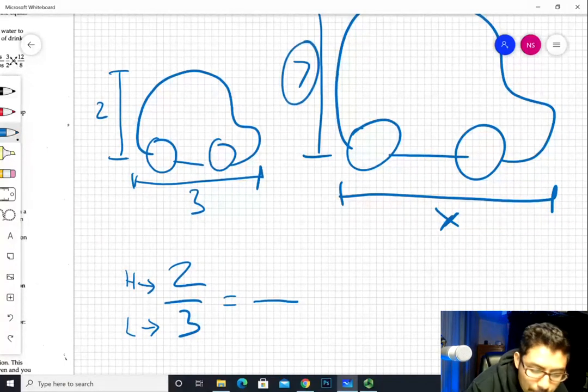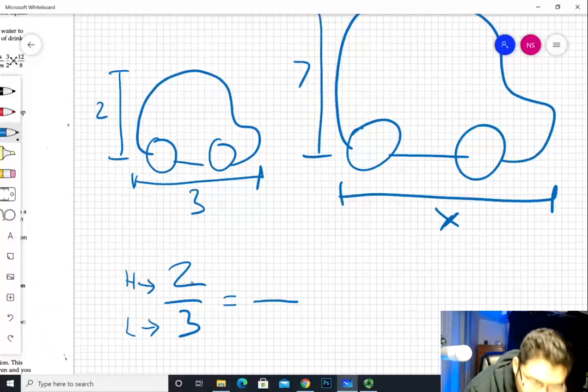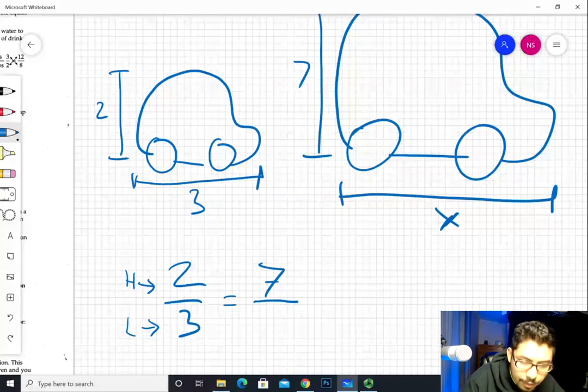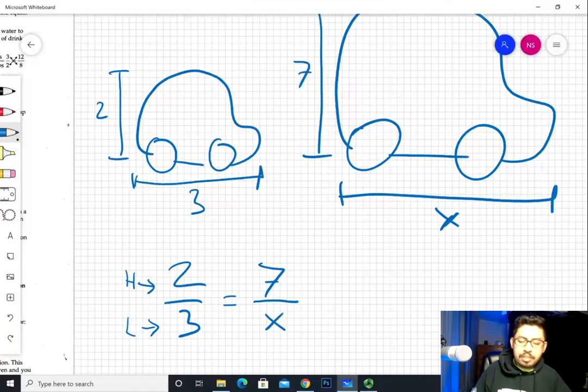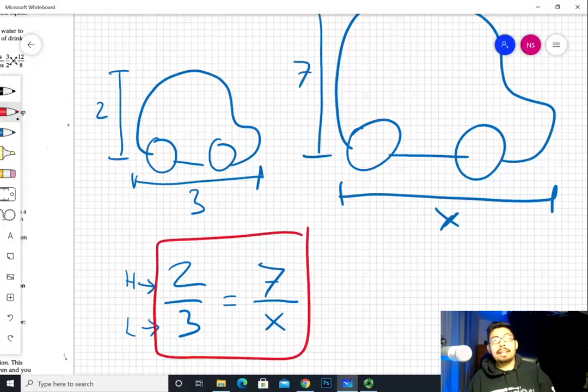We know 7 is representing height. Where should the height go? Well, the height should be across from its other height friend, which is 2. So the 7 should go there, right? Bloop. And what is the length of the real car? I don't know. They gave us an x, but whatever. That's what you want to do first always, is your setup. This, my friends, is your setup. A ratio next to the other ratio.